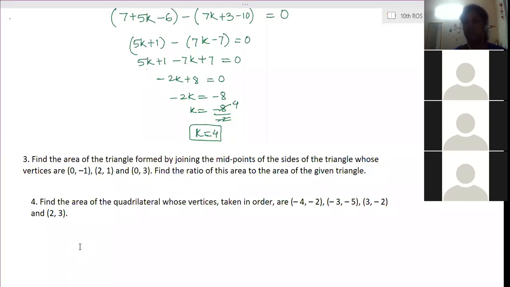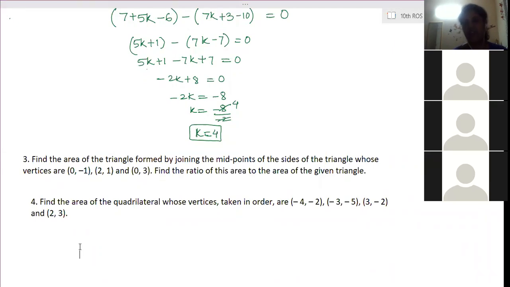Ma'am, what is the ratio for the third one? Third, 1:4. 1:4, ma'am. Yeah. Ma'am, I'm getting it as 2:3. No, it is 1. What is the area of DEF you got? Ma'am, I got 2 square units. It's 1.